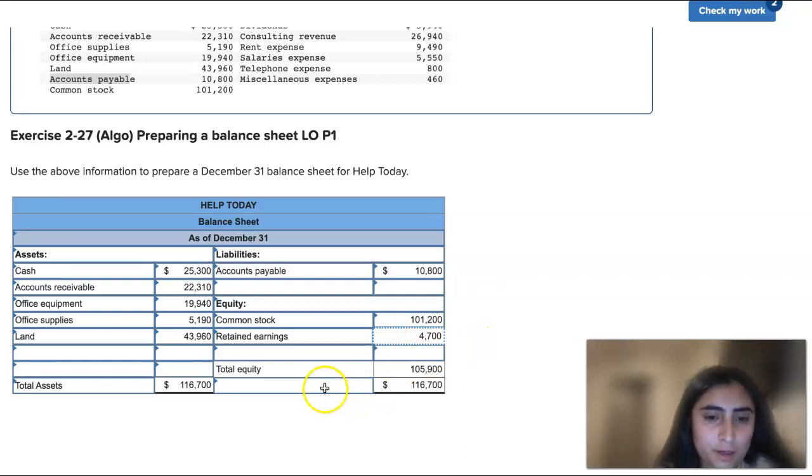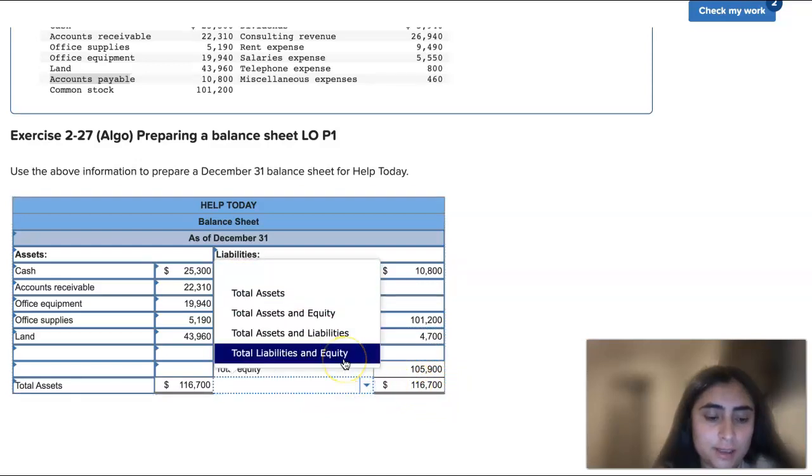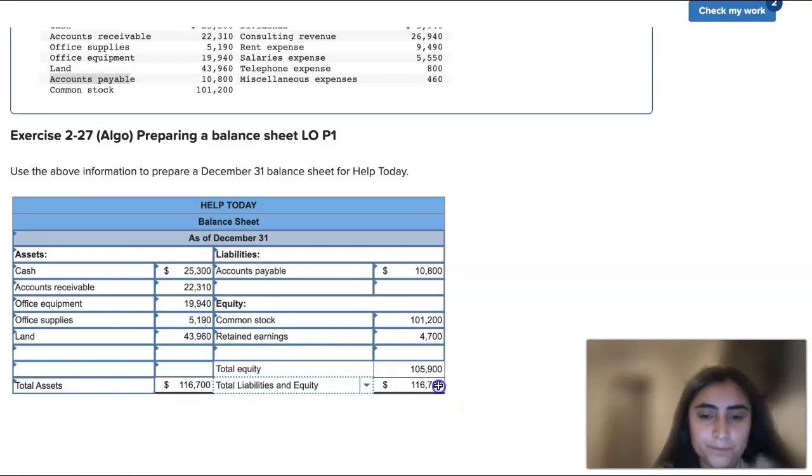Now I'm going to put this amount of money in total liabilities and equity. Why? Because you are doing total equity plus total liabilities.